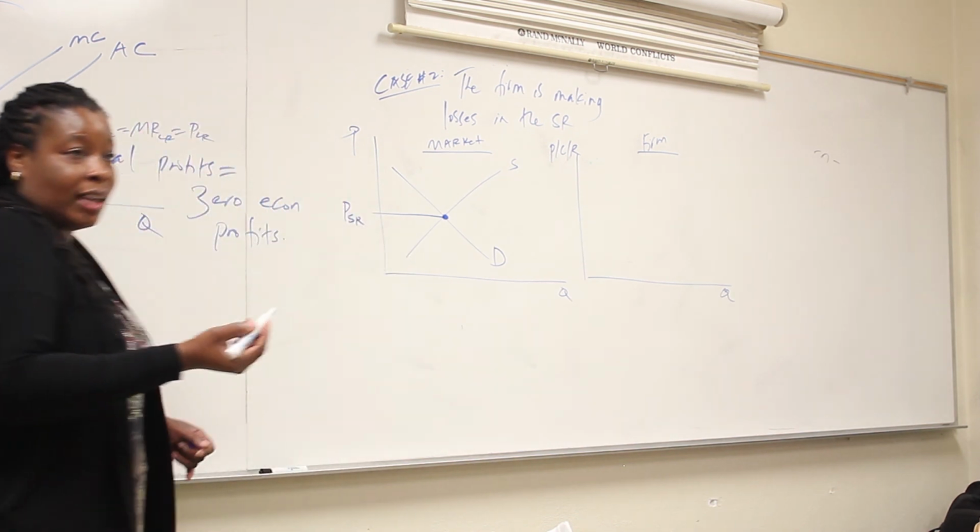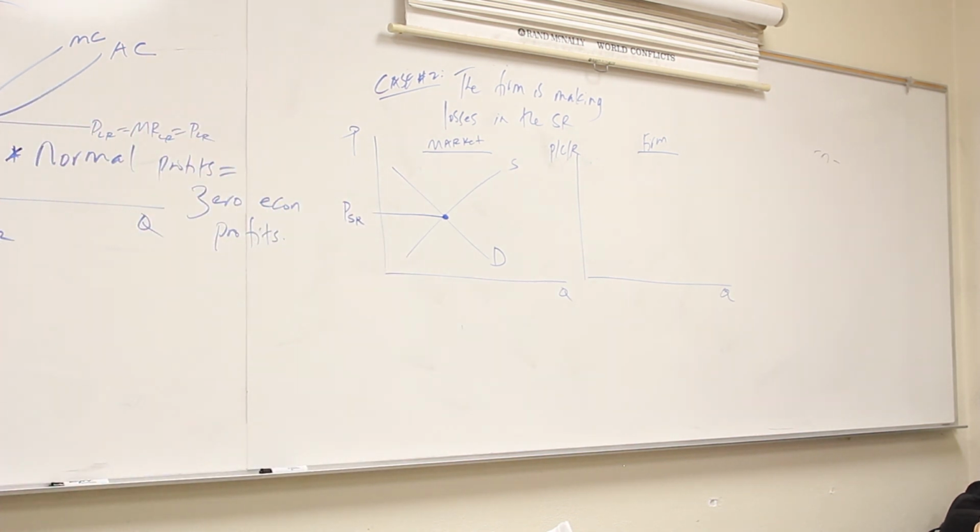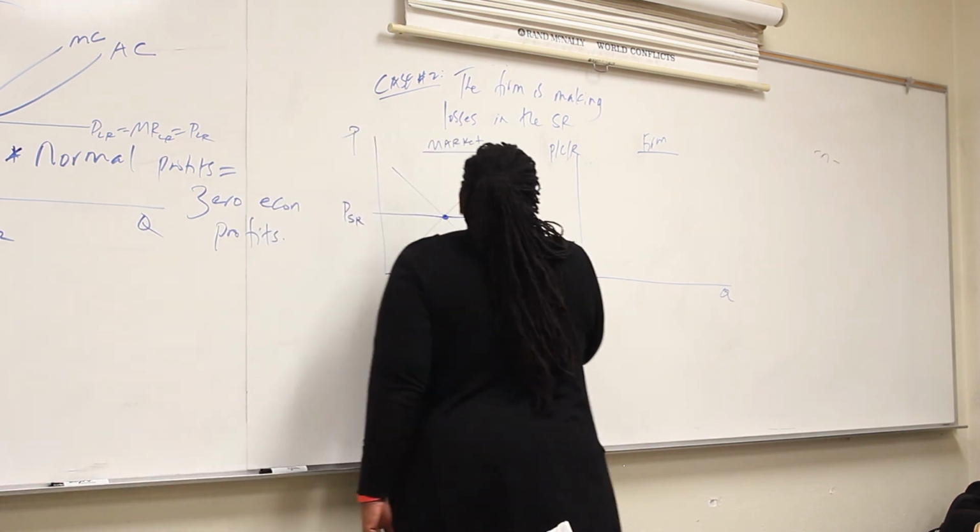So the market starts off in the short run, charging a price, P short run, which means the firm will be charging what price? Price takers. You've got to take this price.